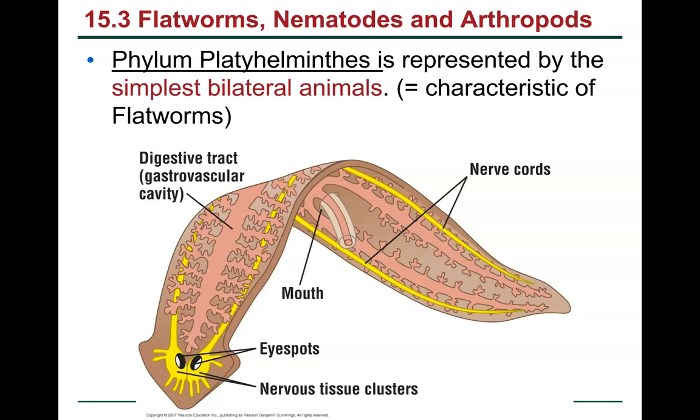The characteristic that I want you to know on page two of your study guide is that these are the simplest bilateral animals. Hopefully you watched video 1 and you understand what a bilateral animal is. These are the ones that can only be cut down one plane and get equal parts.